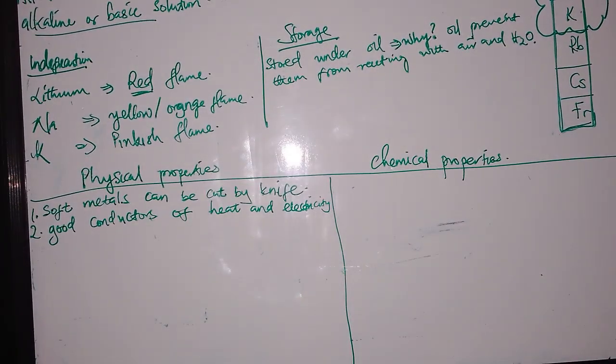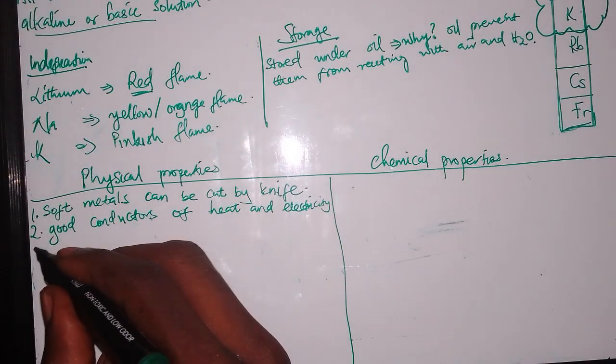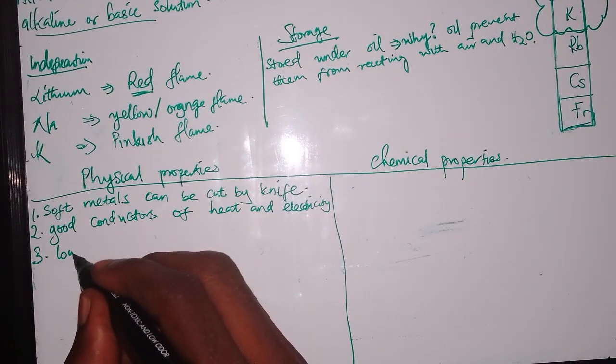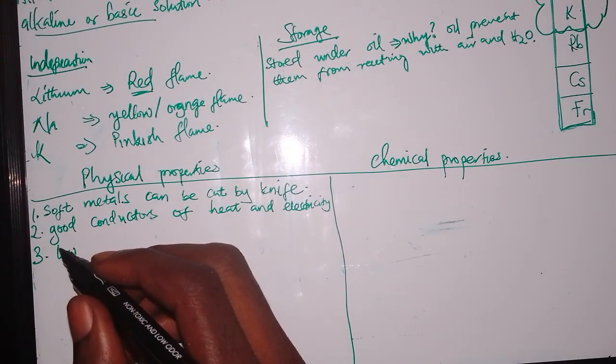Since they are metals, we know that all metals are good conductors of electricity and heat. So this second property is just a common knowledge property. Then the third one is they have low density, but here you have to understand it well.